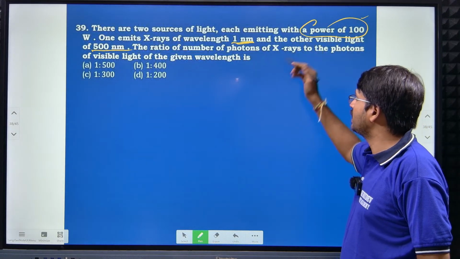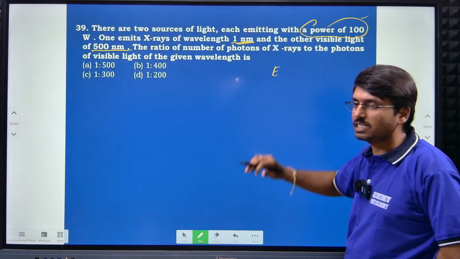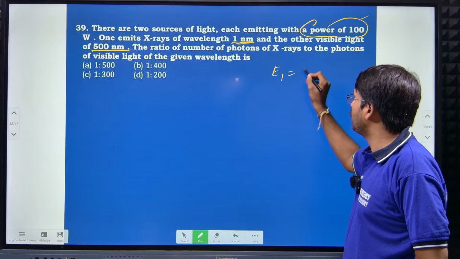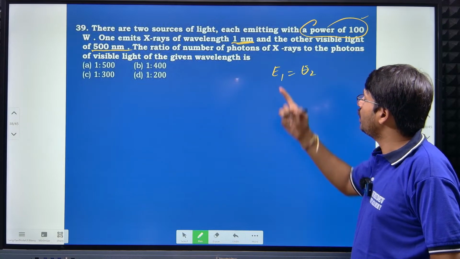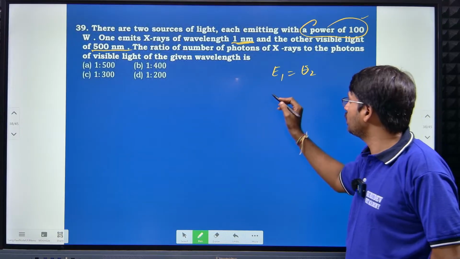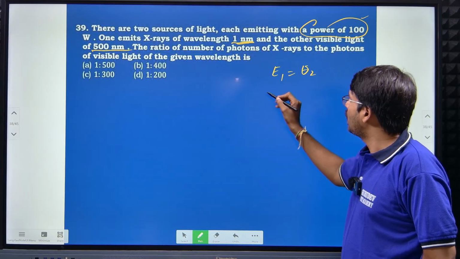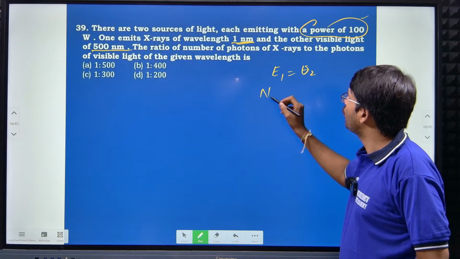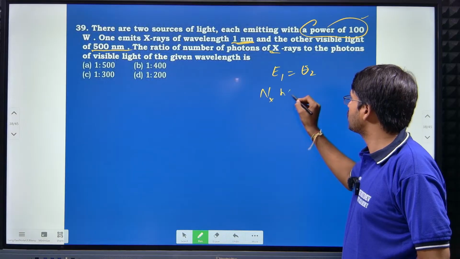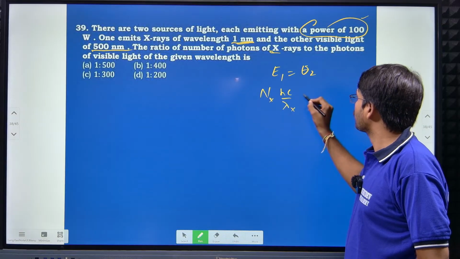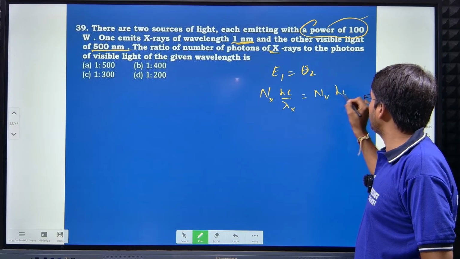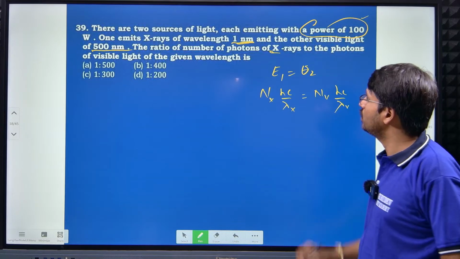Power remains the same, which means whatever energy is released in a given time is also the same. So we can write E1 equals E2, and we have lambda here. How can we write the energy in terms of lambda? Generally we know it is hc by lambda, so let us write this way. The first one is the X-ray, so I will write nx hc by lambda x equals n visible, nv hc divided by lambda of the visible.